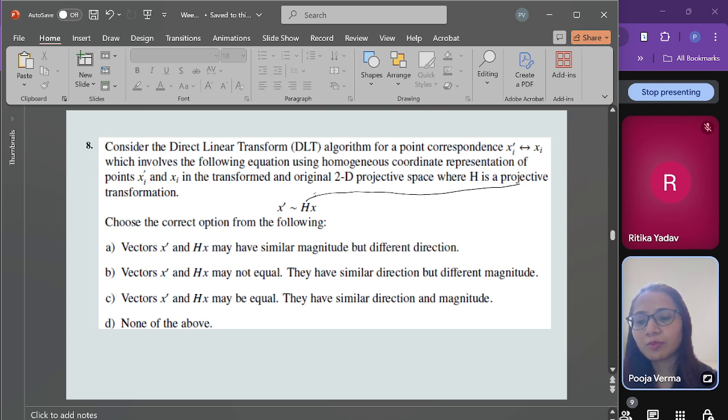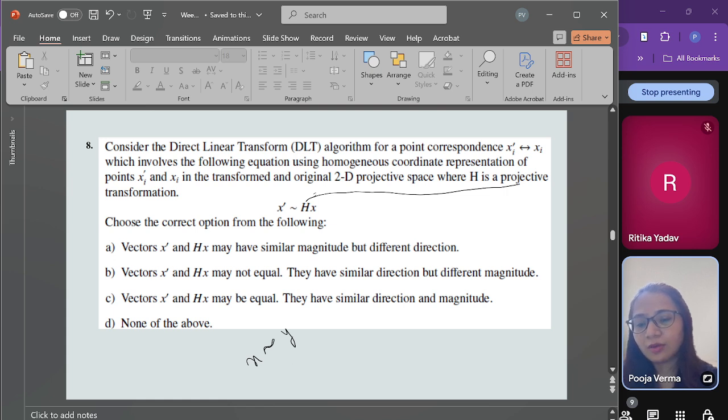In projective geometry, homogeneous coordinates are defined up to a non-zero scale factor, and x equivalent to y means that x and y are equivalent up to a non-zero scalar multiple.